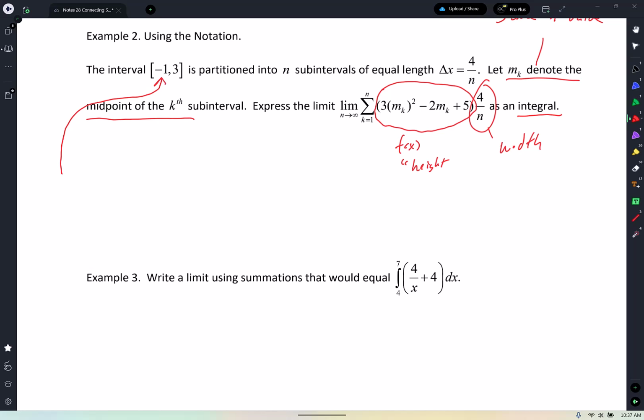Positive or negative? So I'm going to write integral, and you're going to put -1. That's your start, the x value start. And where do I end? So I'm going to put a 3 right here. That's your end.